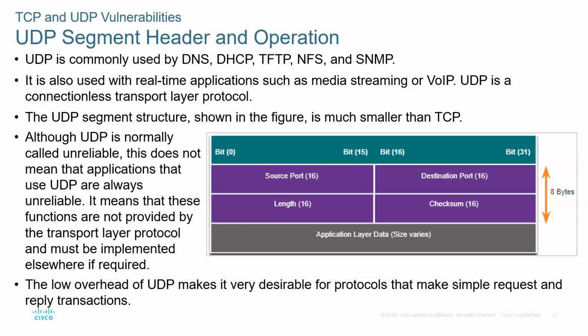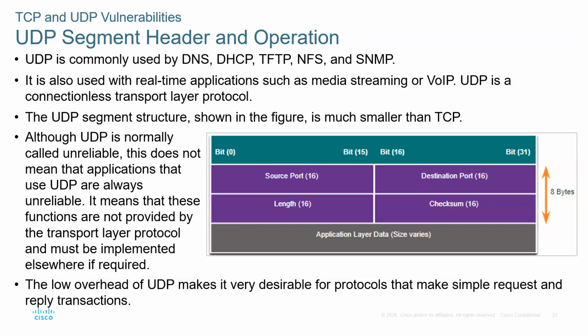So we love to use it mainly for DNS, DHCP, TFTP, NFS, and SNMP. All of these protocols are typically within the local area network. You're not going outside, because if you're going to go outside, most likely you will use TCP. But UDP is the preferred method to use if you're going for streaming video.